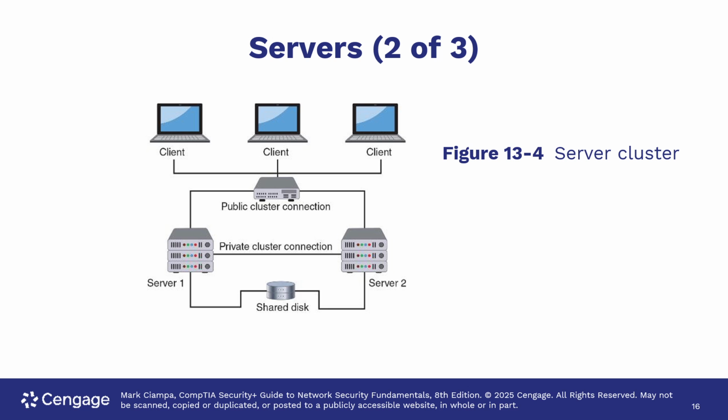So here's an example of a server cluster. You have the three clients, you have your public cluster connection, you have server 1 on the left, server 2 on the right. They have a shared disk. So the clients just see that as one server, but there's actually two servers here.